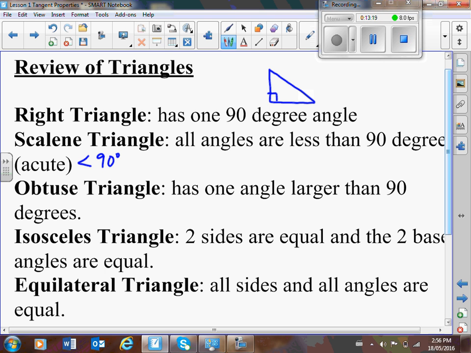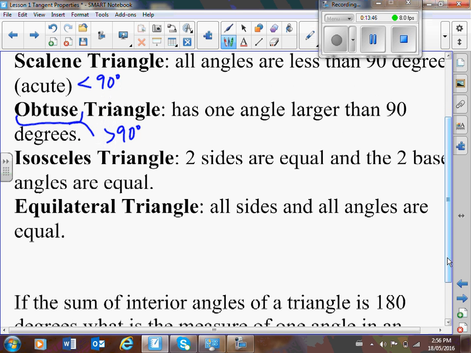An obtuse triangle has one angle larger than 90 degrees. So obtuse means greater than 90 degrees. I always think those two words sound exactly like what they mean. Acute sounds really small and teeny tiny, so less than 90. And obtuse sounds large and overbearing, so greater than 90.